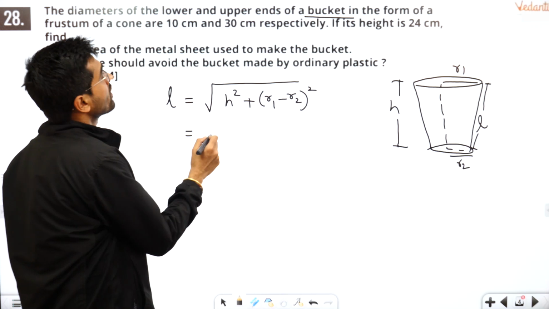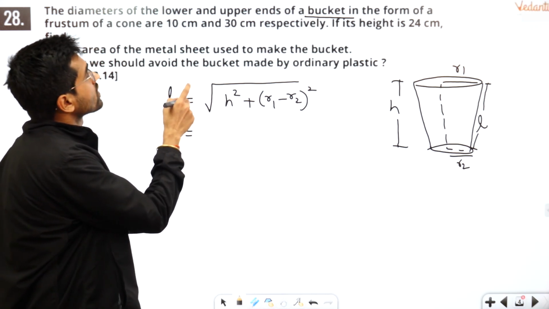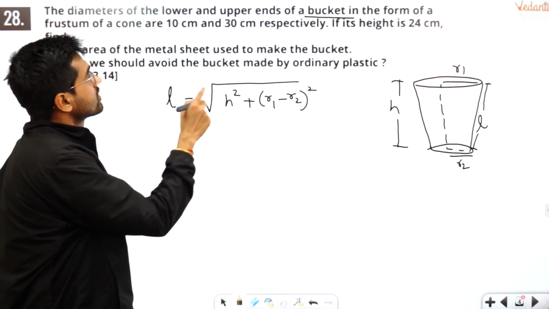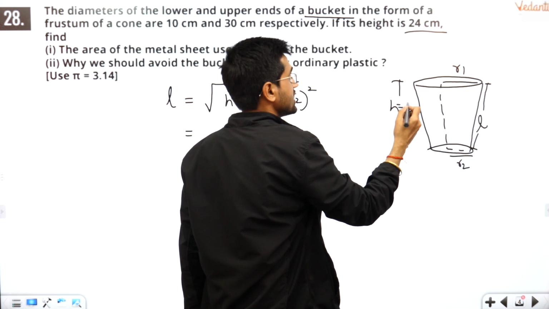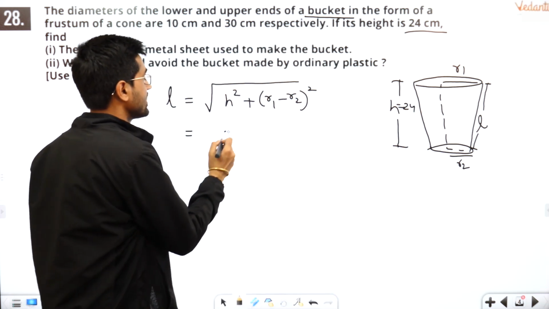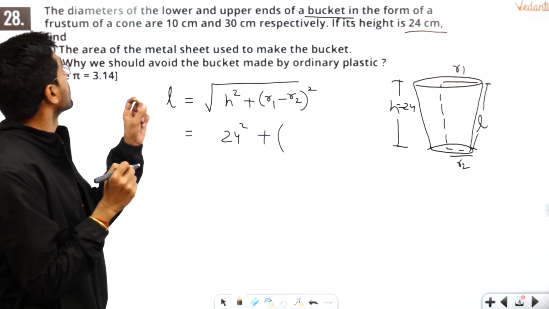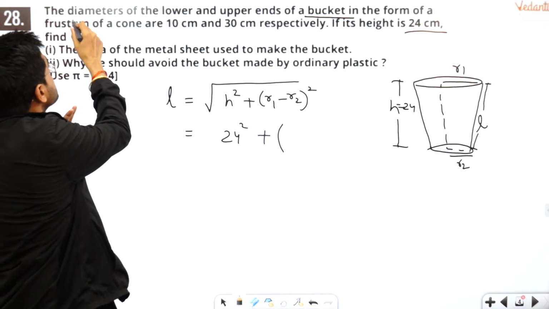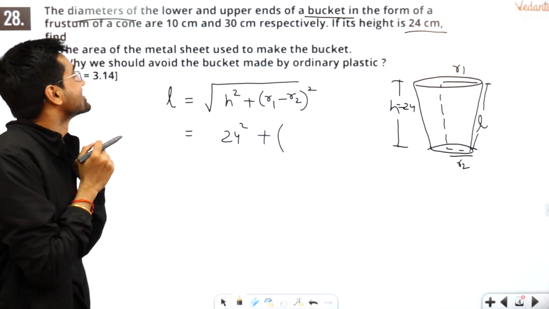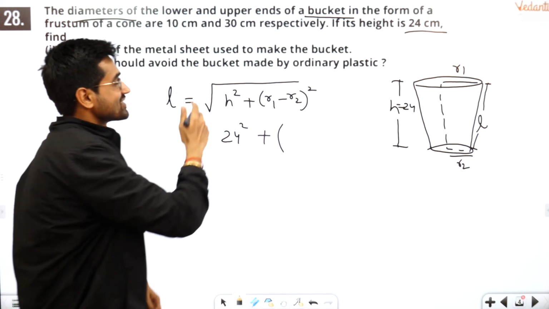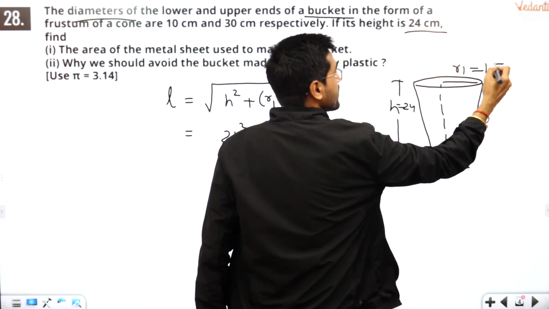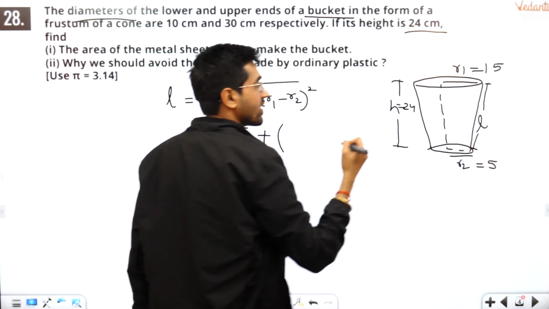So H is how much? I have been given that, I forgot to write it. It's 24, they have mentioned it, so I'll write 24 square, plus radius 1, which is the bigger one. They have mentioned the diameter, they are just twisting our question. So R1 will be 30 by 2, which is 15, and R2 will be 10 by 2, which is 5.